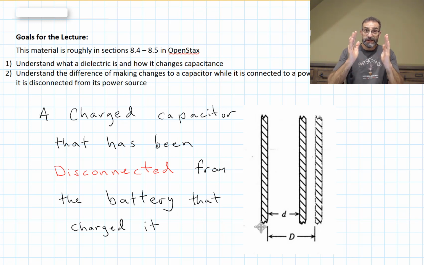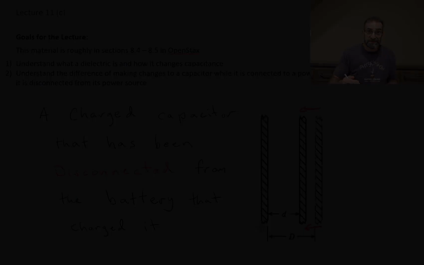So originally they were a distance capital D apart, and I'm going to push those plates closer together so they're a distance lowercase d apart, a smaller distance between the plates. And we're going to see how all the properties of our capacitor change when we do that.